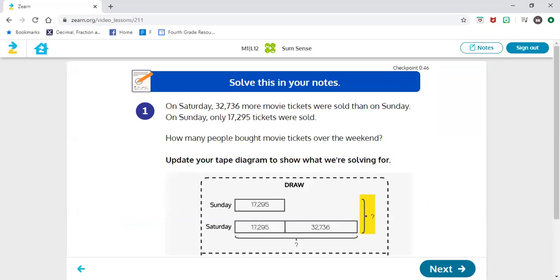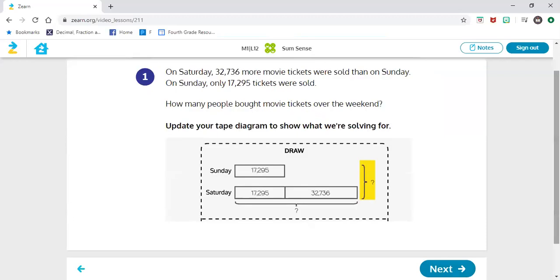So when we look at our tape diagram, on Saturday, it says that they sold 32,736 more movie tickets. So right now, I don't know how many tickets were sold on Saturday. What I do know is that they sold more on Saturday than on Sunday. So my tape diagram is going to show that.